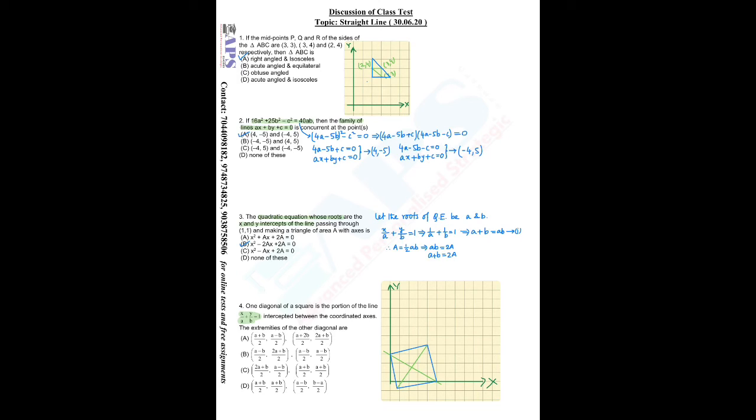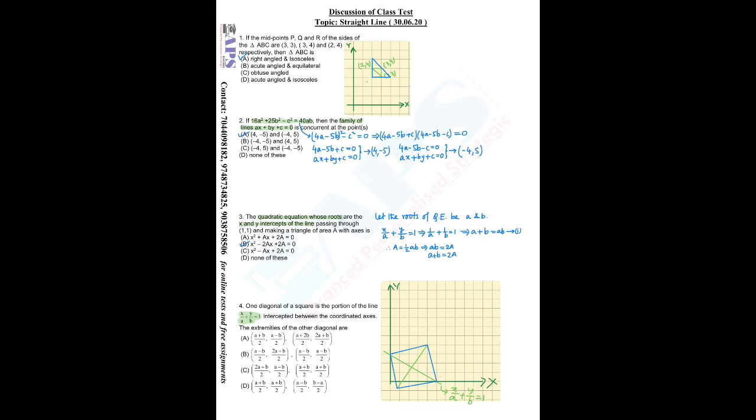So now what we have to find? Oh, this side's equation is given. Equation of this side is x by a plus y by b equal to 1. Right. What we have to find is the extremities of the other diagonal.